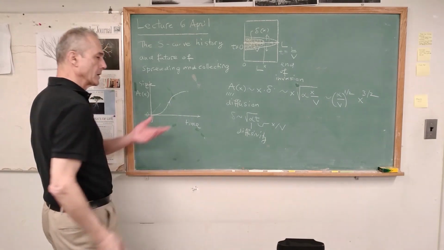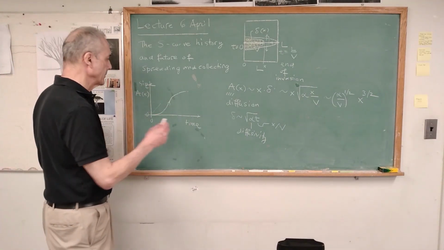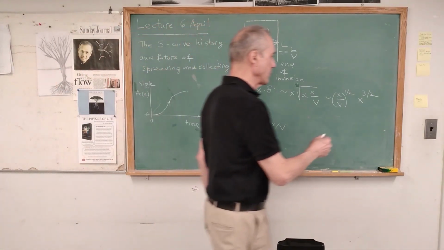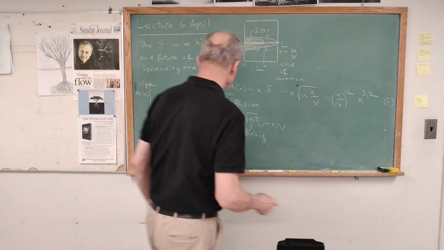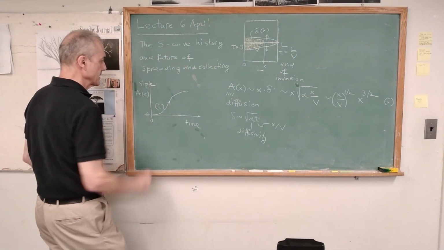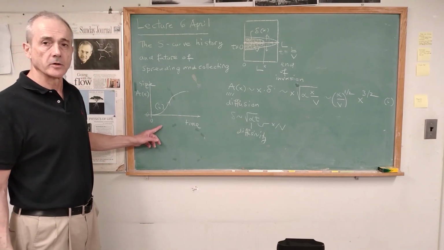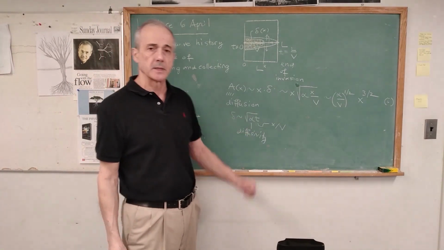The other one, on a log representation, would have a slope of 3 divided by 2. Anyway, this particular formula, which I call the arc of invasion. So invasion is the first arc of the S curve, and it is deducible from this very simple argument.